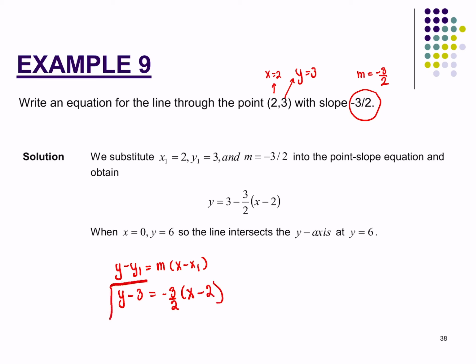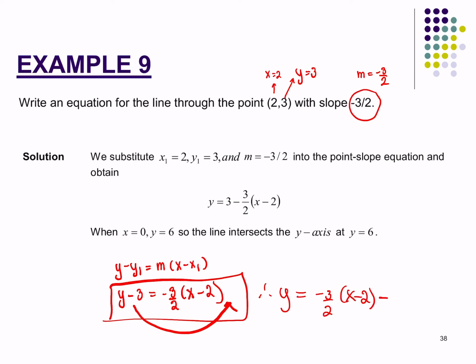Therefore, this is the equation for the line passing through that point with the slope of minus 3 by 2. Or you can just move the minus 3 to that side, and then your value of y would be minus 3 by 2 multiplied with x minus 2, and then adding 3.